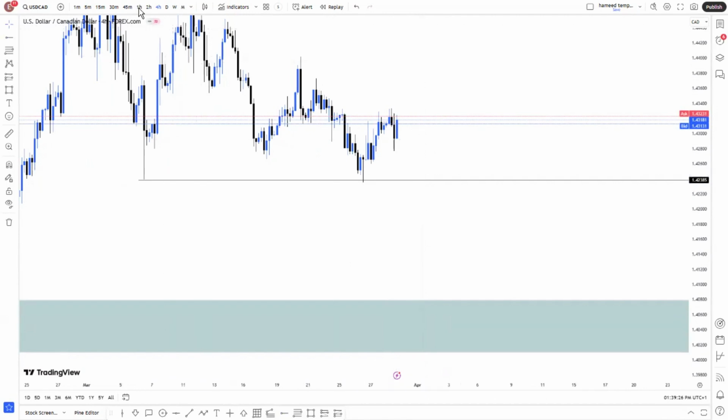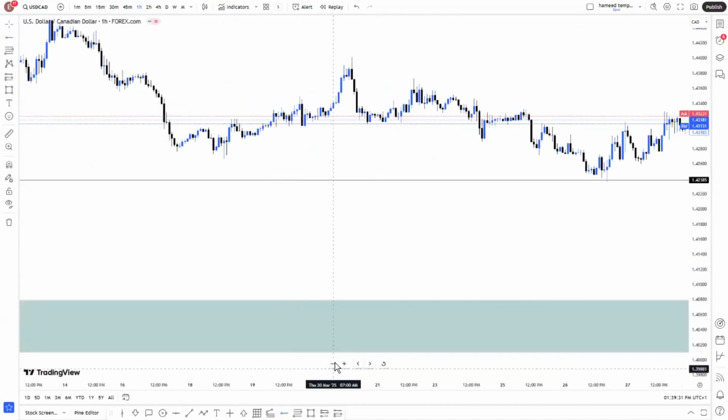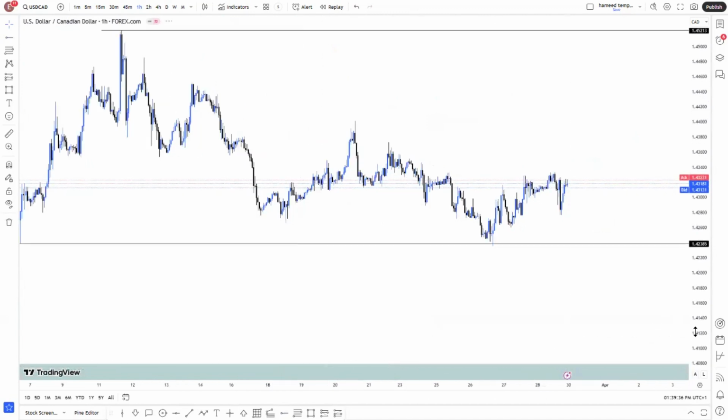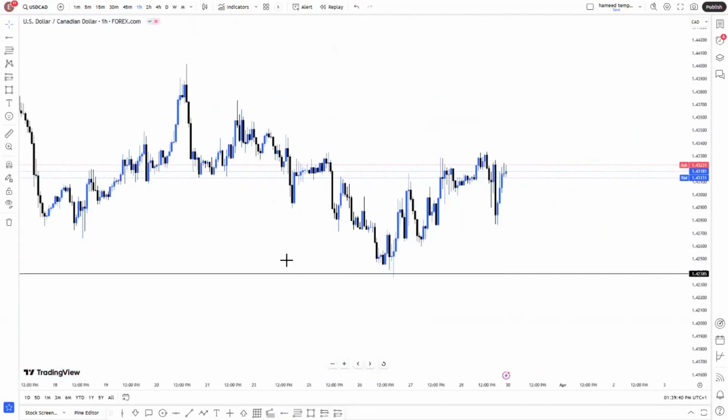So now on 1 hour, what are we having on 1 hour? Okay, we have this origin here, this order block here. The market has come there to tap it.